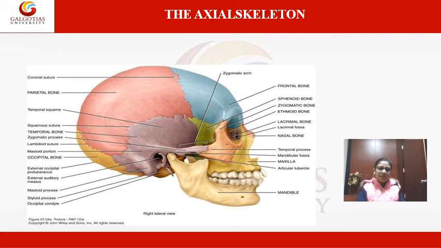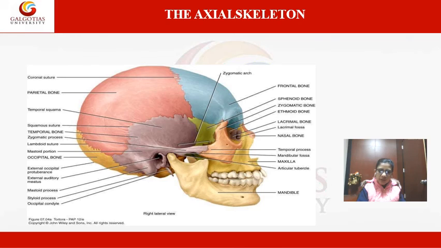In this slide you can see the axial skeleton, in which there are the facial bones and skull. It represents various bones of the cranium and skull with the sutures. This is your frontal bone. Next is parietal bone, and this is your external occipital bone, and this is the mastoid bone.